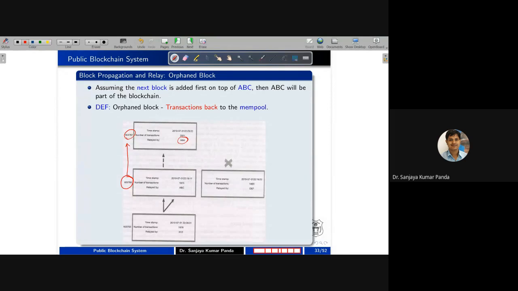Whatever transactions we have here, like 1820 transactions, they are moved back to the memory pool. So it is declared as an orphan block or detached block, and it is back in the memory pool, so that once it is ready, it will again be part of the blockchain. But in order to avoid two different chains, we have declared this one as an orphan block.